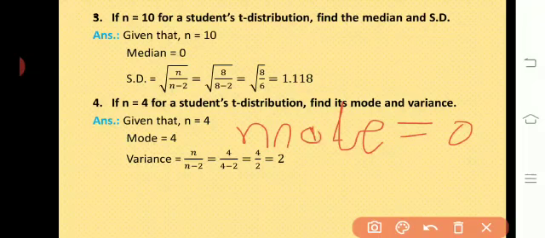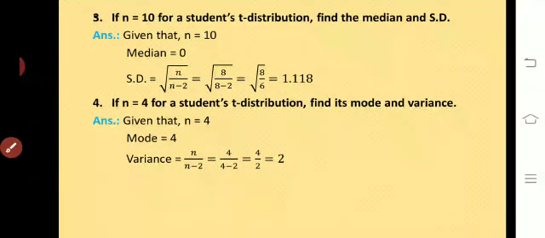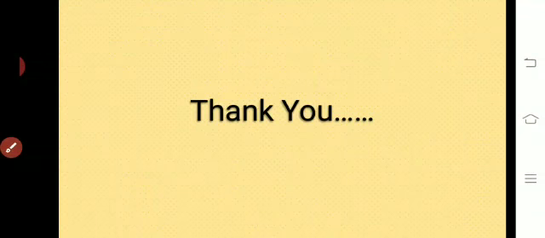So mode equals 0. And variance is equal to n divided by n minus 2. So 4 divided by 4 minus 2, that is 4 divided by 2, which is equal to 2. So these are the examples on student's t distribution.